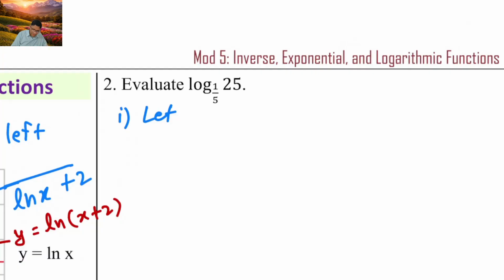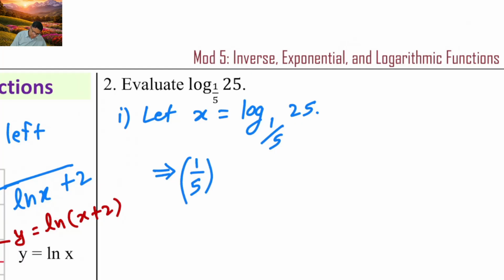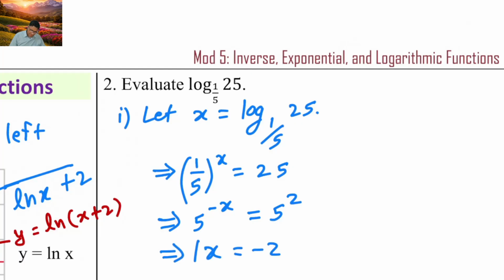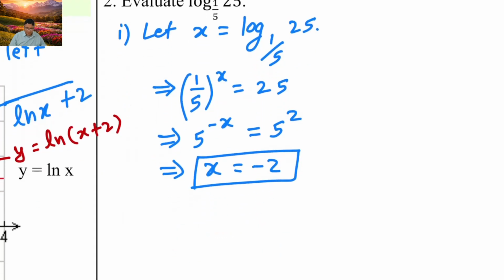So let x equals log base 1/5 of 25, and that means 1/5 to the power x should be 25, but then 1/5 is 5 to the -1, so that's 5 to the negative x equals 5 squared. Not difficult to see, x will be -2. I skip the step when you compare the exponents.